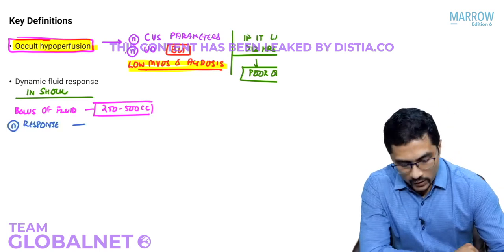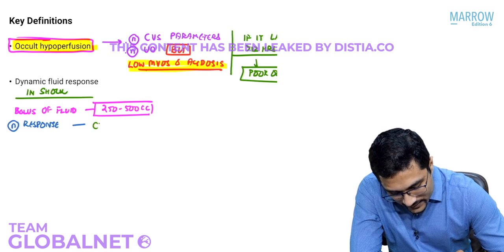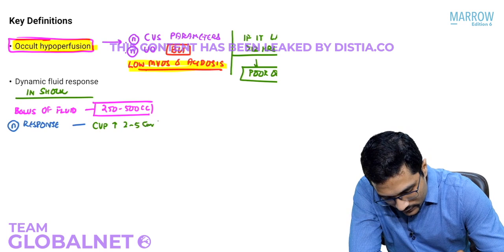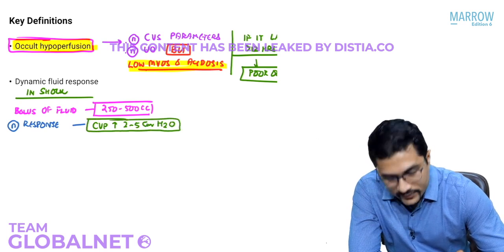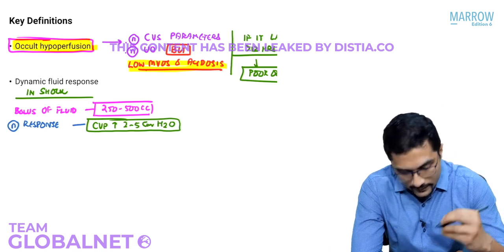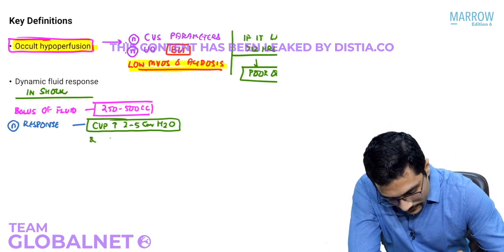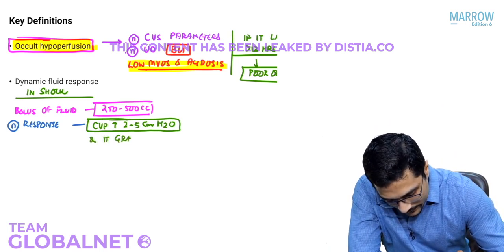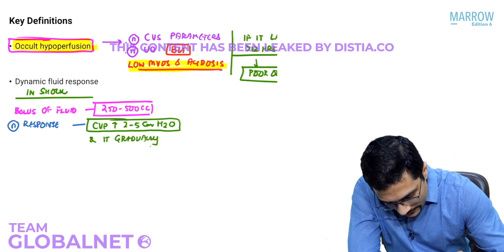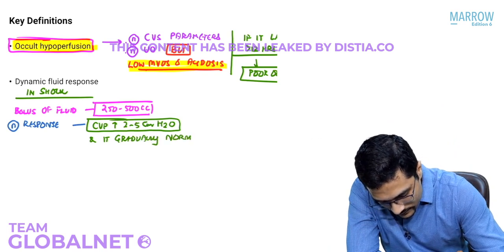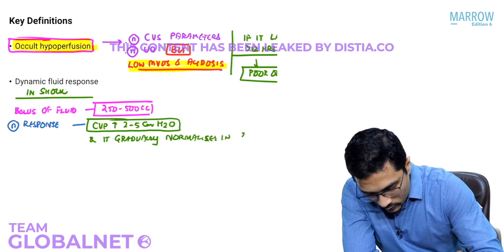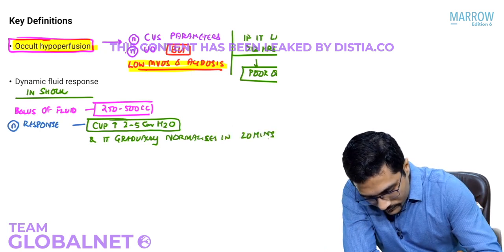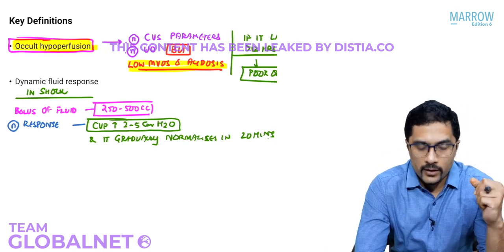And a normal response after giving this is that the CVP rises by 2 to 5 centimeters of water, and it gradually normalizes in 20 minutes or so. So this is normal response.